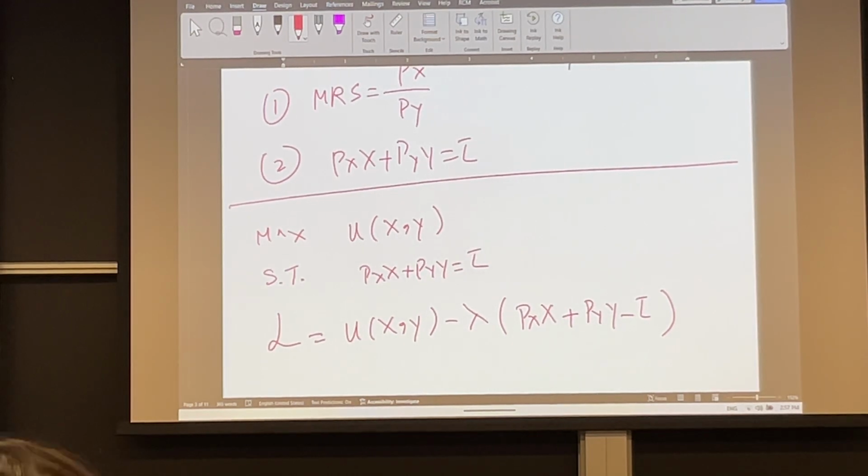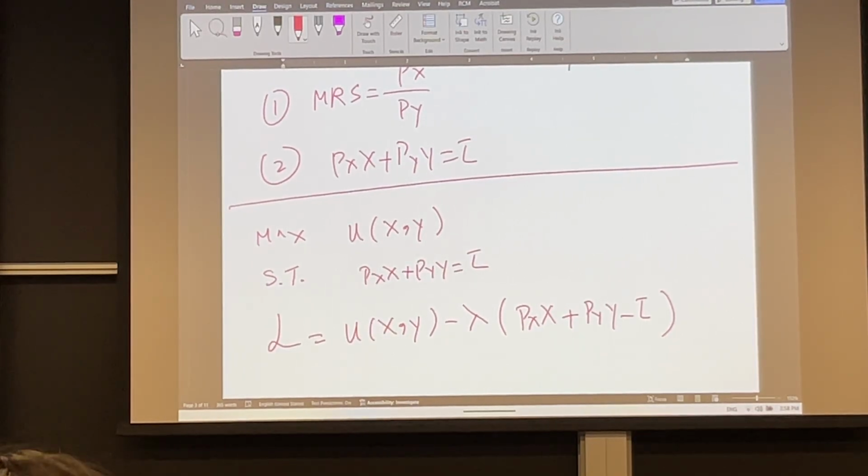If the constraint is binding, this is 0. So technically, maximization of this will be equal to maximization of this one, because this is 0. So the only thing the Lagrangian does is ensure the constraint is binding. This ensures you spend your money, not more, not less. It incorporates the constraint into maximization.